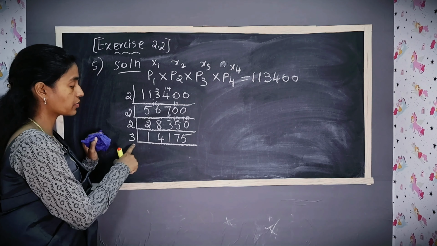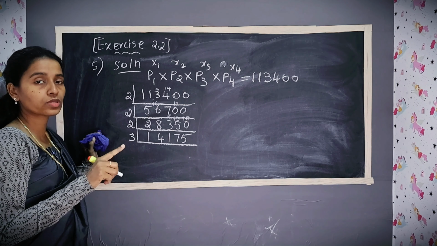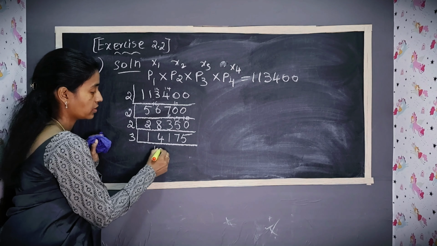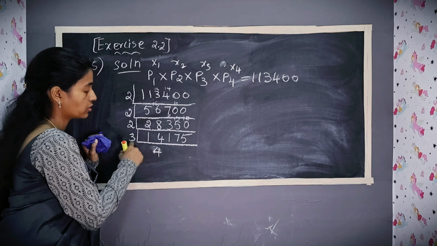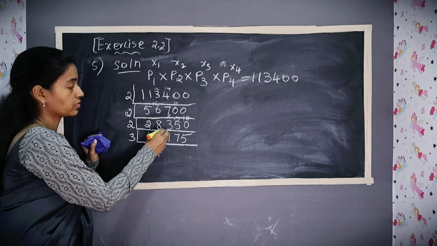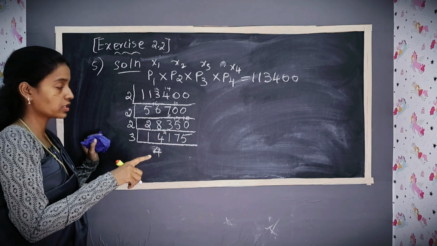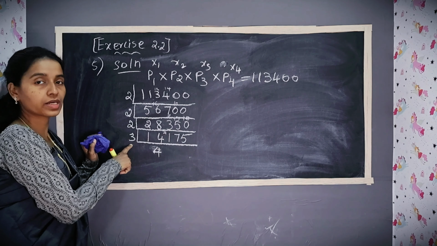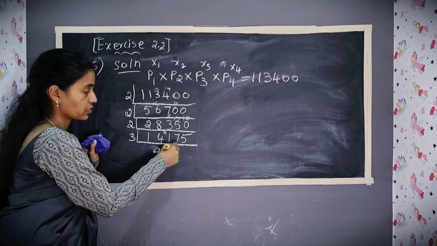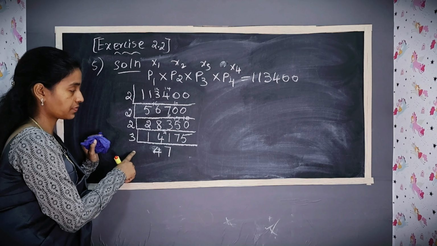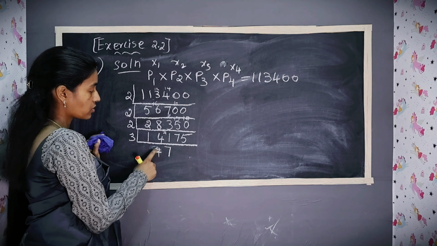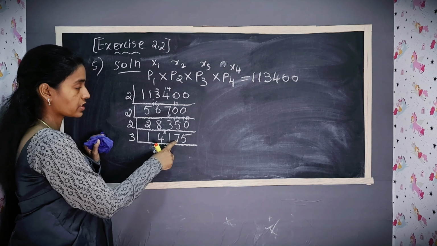If I'm dividing 14 by 3, 3 3s are 9, 4 3s are 12. The remainder is 2. 2 and 1 becomes 21. So if I am dividing 21 by 3, I'll be getting 7 as quotient. So now we are having 7 here.